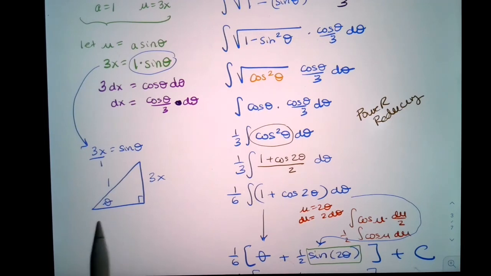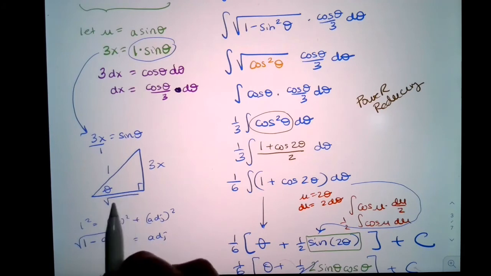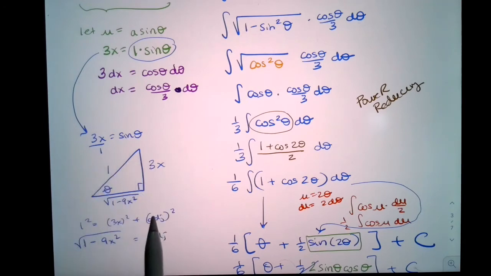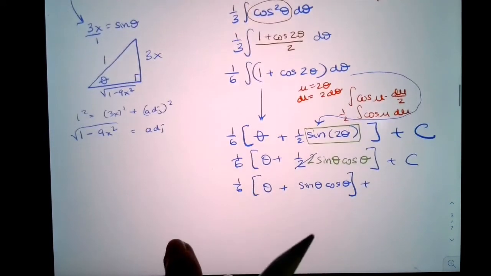And if you solve for that missing side, remember, hypotenuse squared equals leg squared plus, I guess I'm looking for the adjacent side squared, then you end up with the square root of 1 minus x squared. You can kind of see how, oh, I recognize that. That was part of the integral that I was working on. This picture is incredibly helpful because this is a way to represent thetas in terms of x's, right? So let's go back to our answer to this integral.